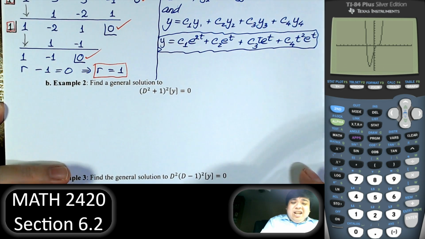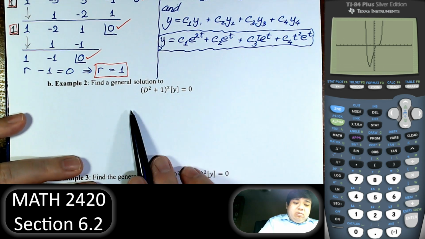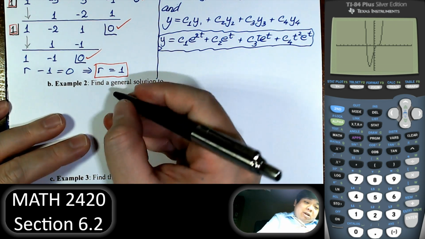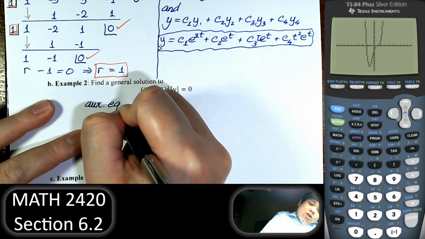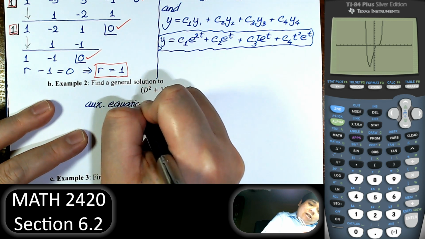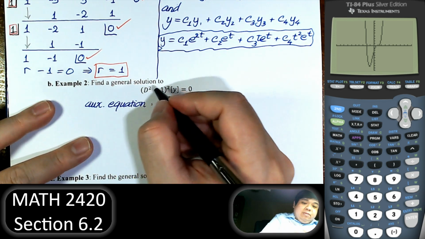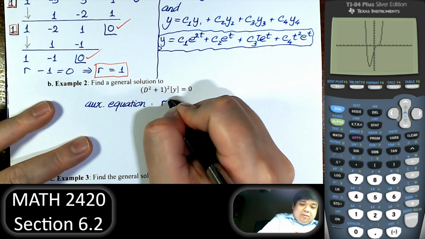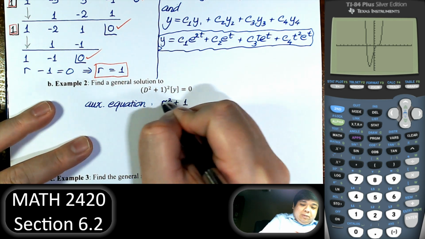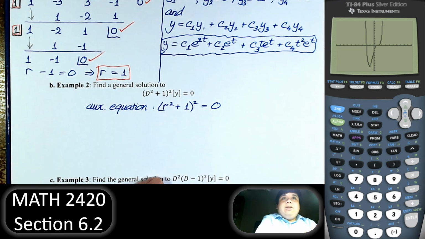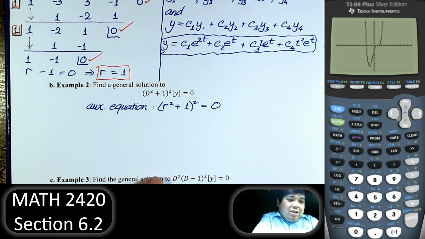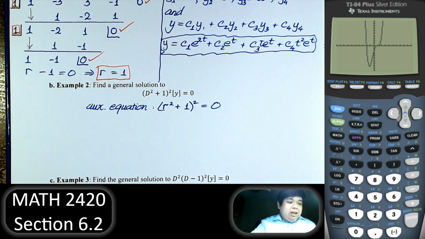So this is the linear equation of order whatever it is, it doesn't matter, but we can just write the auxiliary equation. Just replace D by r. Yeah, so that's the nice thing about this. If we're not sure, we can always multiply it out.